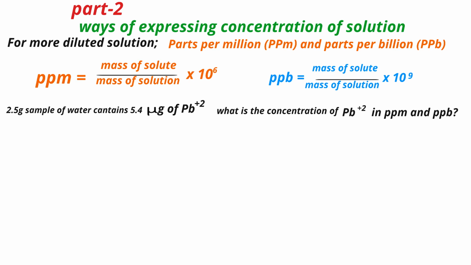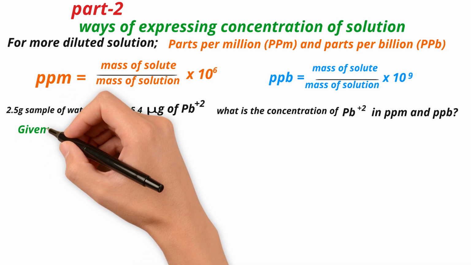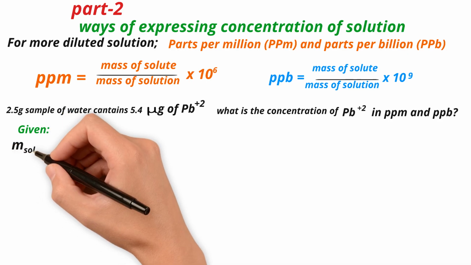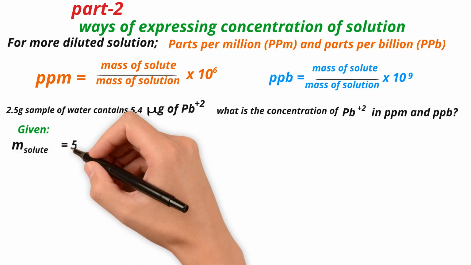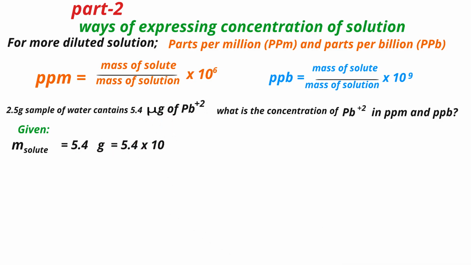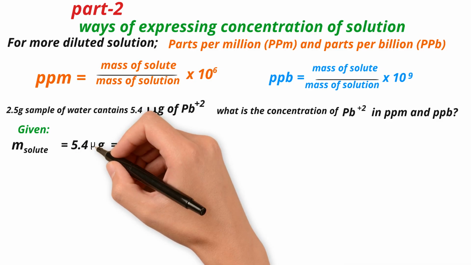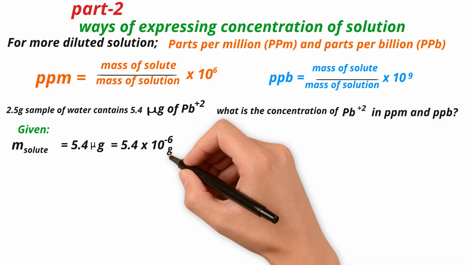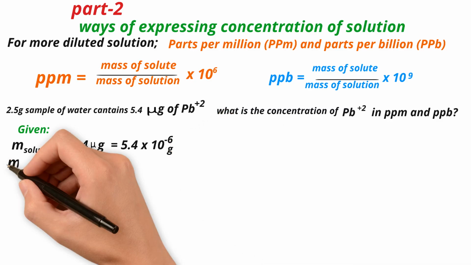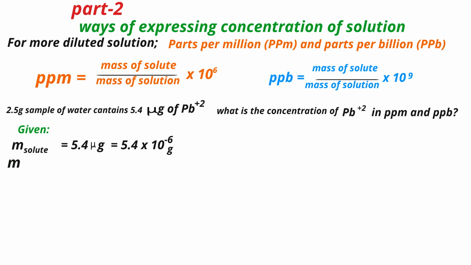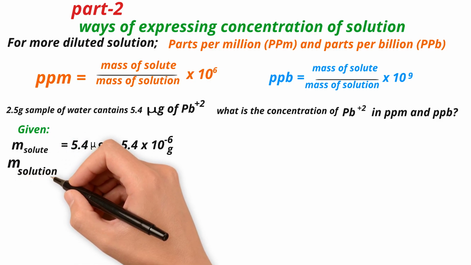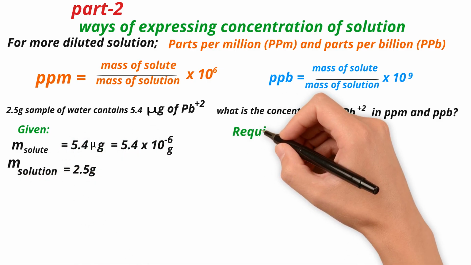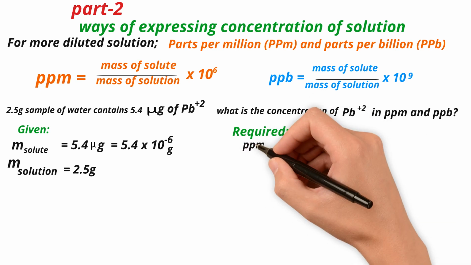The first given quantity is mass of solute. Actually, the solute is lead plus 2 and its mass is 5.4 microgram. 5.4 microgram is equal to 5.4 into 10 to the power minus 6 gram. Another given quantity, mass of solution, is equal to 2.5 gram. Required: both parts per million and parts per billion.